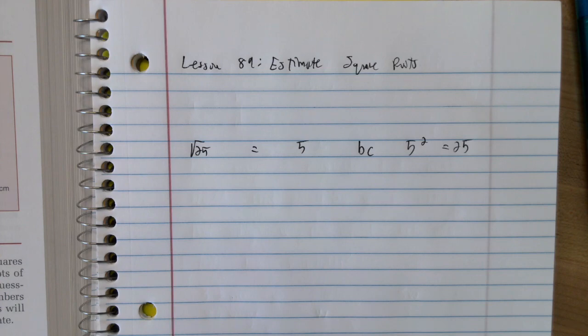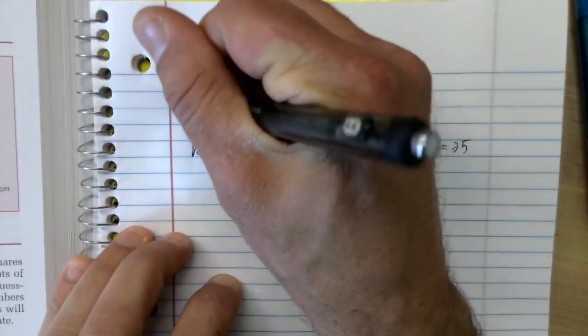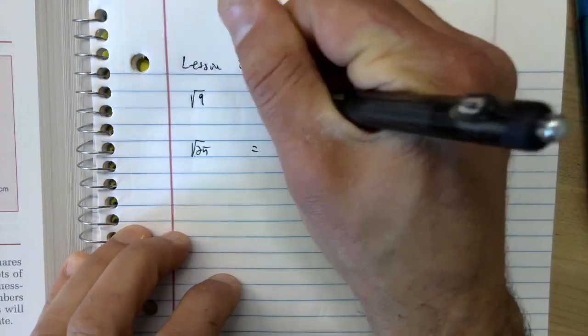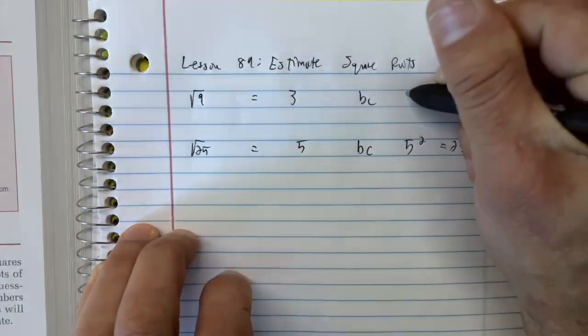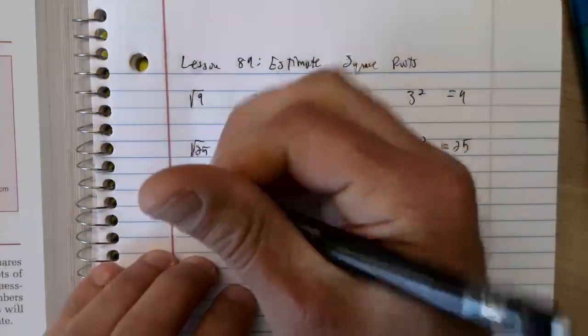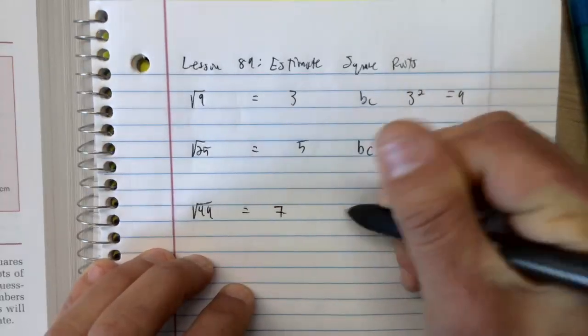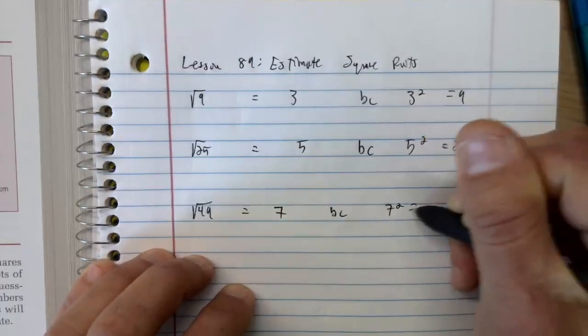If I ask you the square root of 9, that's 3, because 3 squared is 9. And one more: the square root of 49 is 7 because 7 squared is 49.